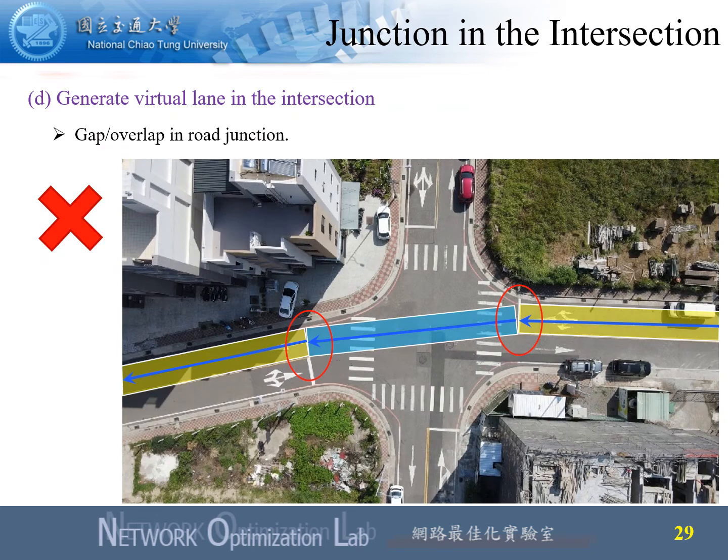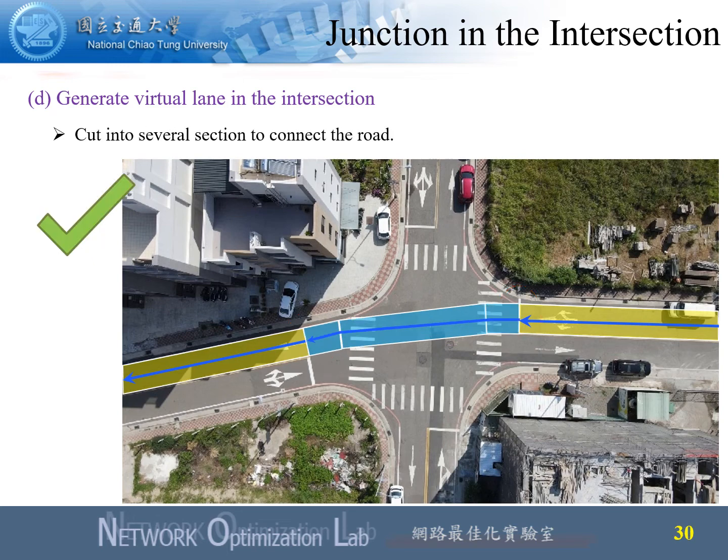When the information of all the roads on the intersection is finished, we need to generate the virtual lanes in the intersection and define the junction of each lane. In OpenDrive, the gap or overlap between two lanes is not allowed.